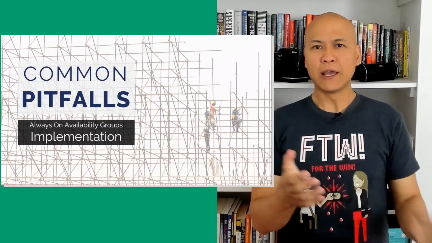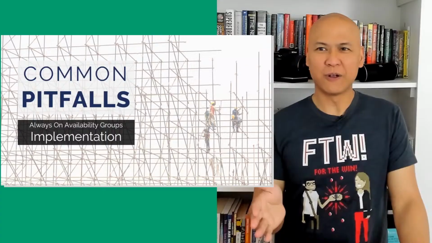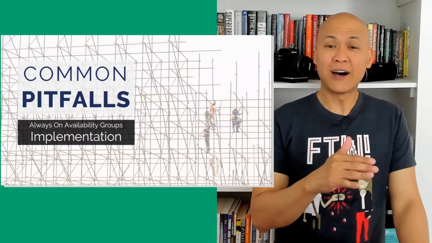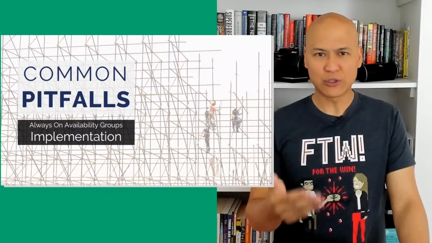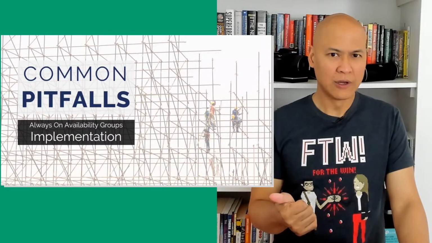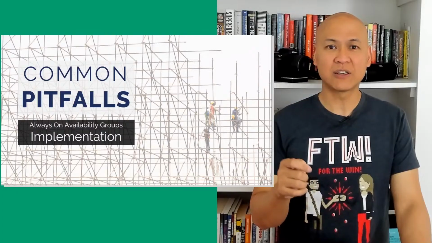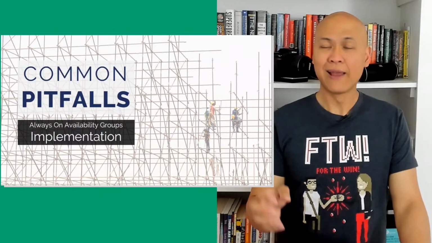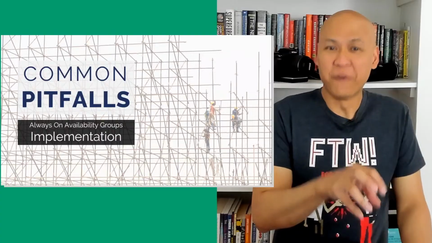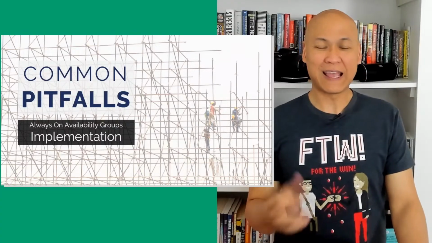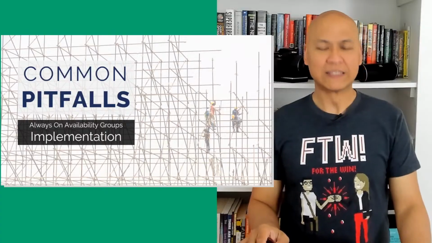And here's the thing: if you fall into one of these pitfalls, there's a 100% chance that you would experience issue after issue, like unexpected outages, because these were not addressed. The sooner you catch these and prevent them from happening, the more everything becomes smooth sailing.